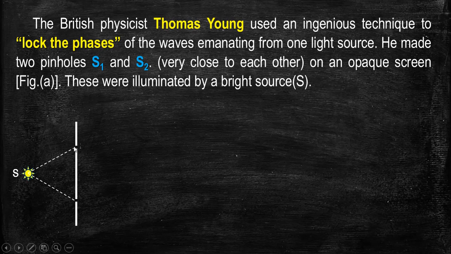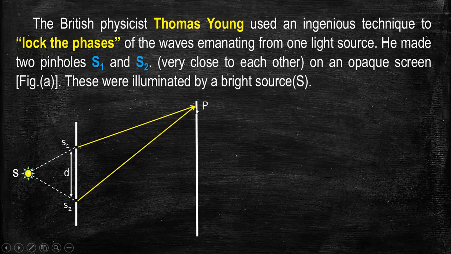This cardboard has small pinholes S1 and S2 separated by a distance small d. Then the light coming out from S1 and S2 moves towards the point P on this screen.